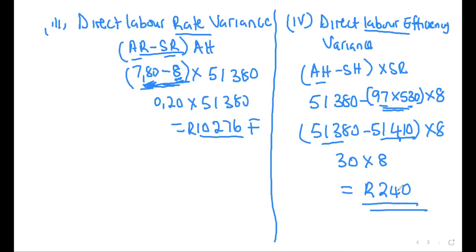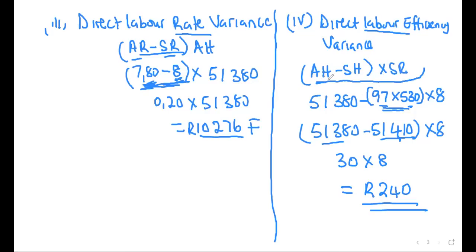Are we together on this one? So that's how you do your variance. Understand that the first thing in your variance is the formula. In all your MAC topics, I prefer the formula first. Because once I determine the formula, then I know what to look for in the scenario.